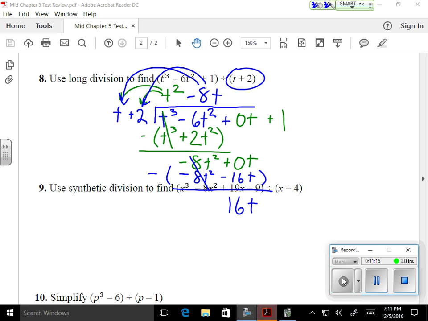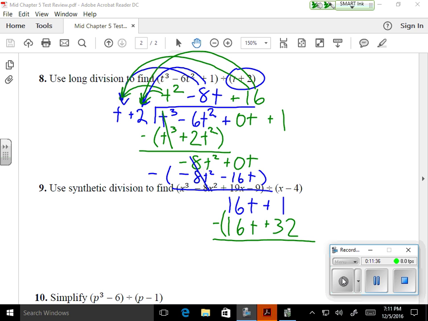Bring down my 1. I'll need to multiply just by a positive 16 times t would be a 16t. And then 16 times 2 would be a positive 32. So when I subtract, I get 0 again, and then 1 minus 32 will be a negative 31. That's my remainder.